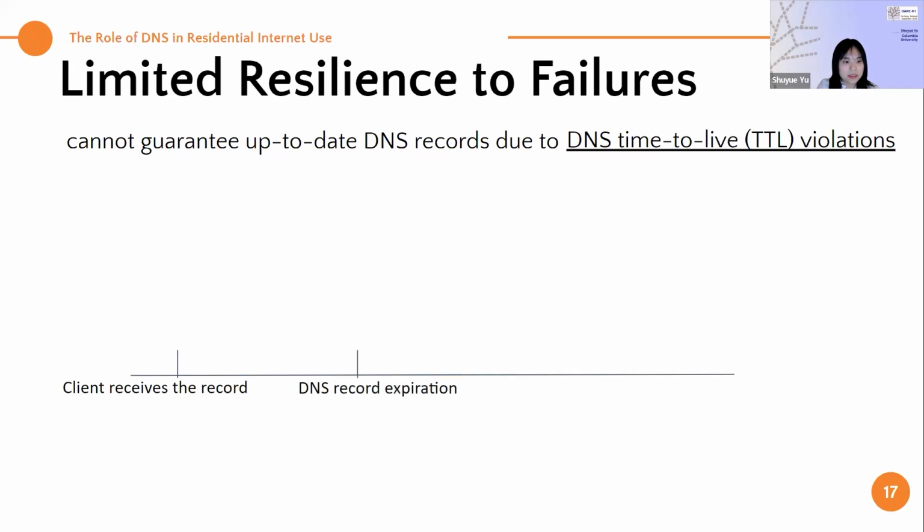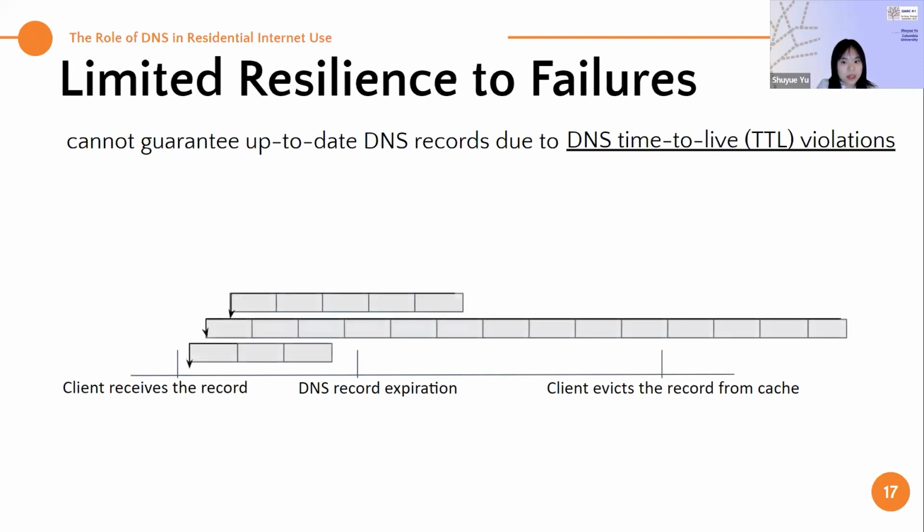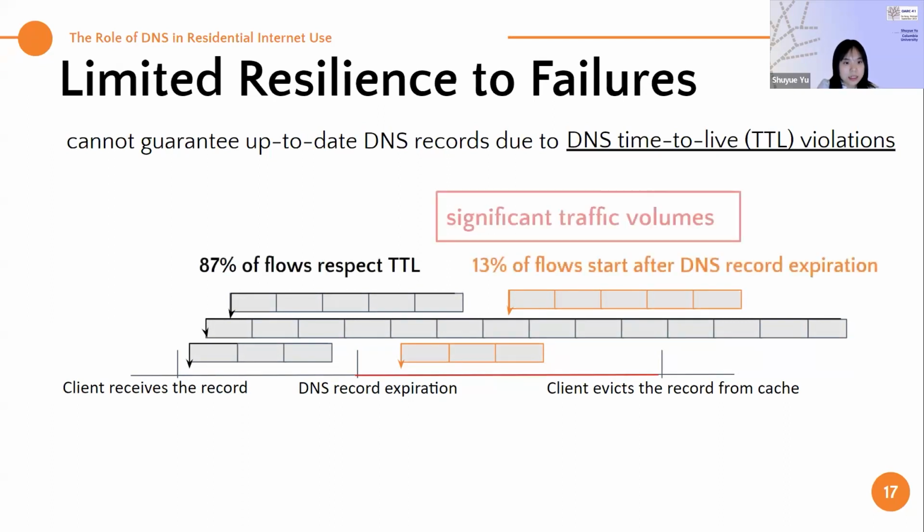This is when the DNS record becomes expired. And this is when the client evicts the record from its cache. For example, here are 3 flows that start before the DNS record expires. And here are another 2 flows that start after the DNS record becomes expired. Those 2 flows violate TTL. In our dataset, 30% of flows start after DNS record expiration.